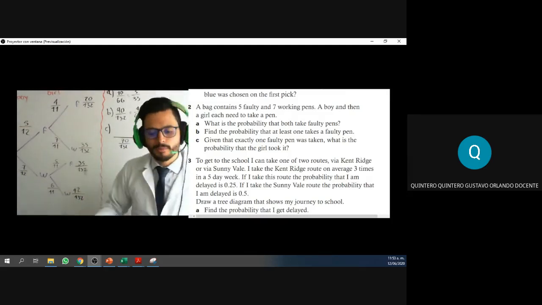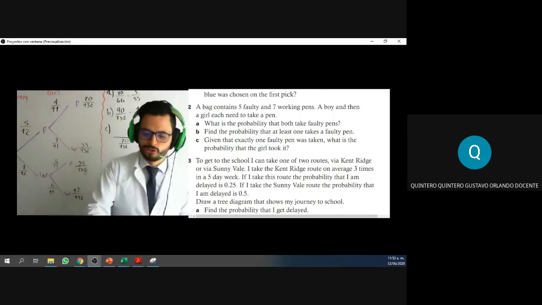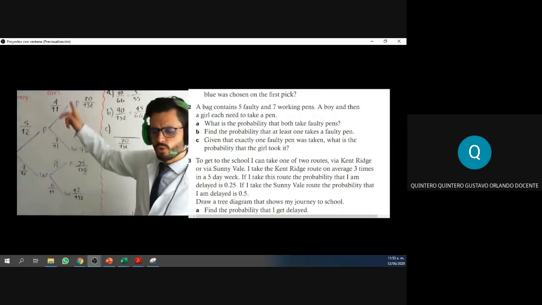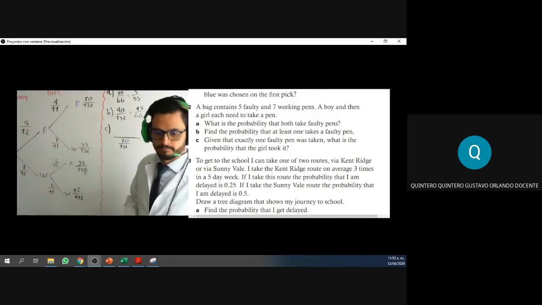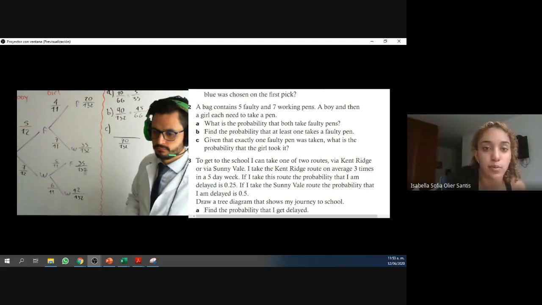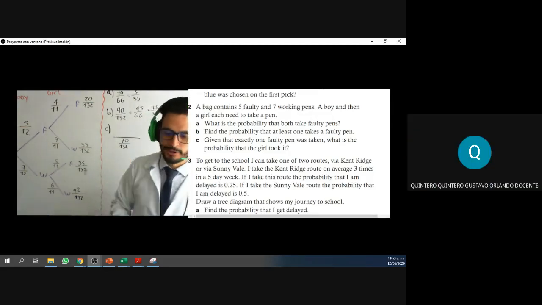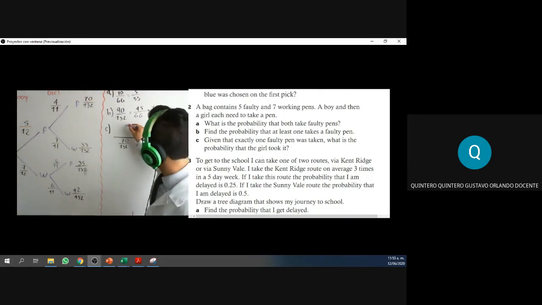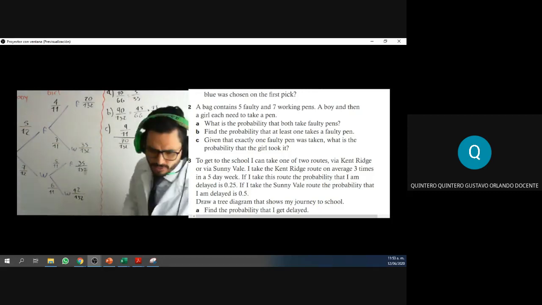These two are probabilities that the girl took the faulty pen, right? So which one do we put? Well, the sum of both. Pretty good, Isa. So in the numerator, we will have 9/11.